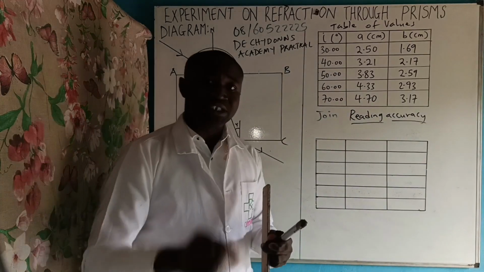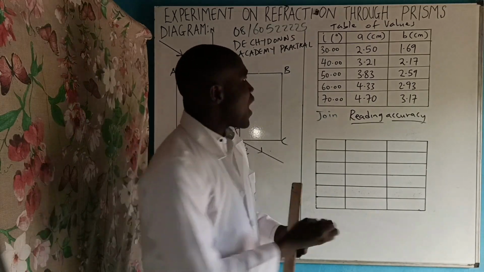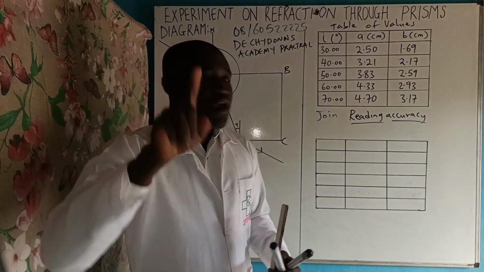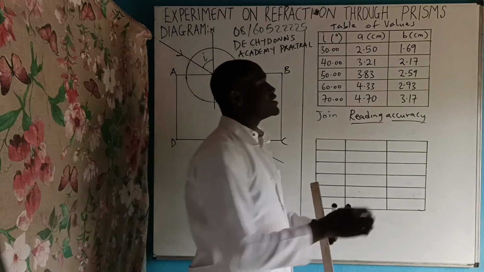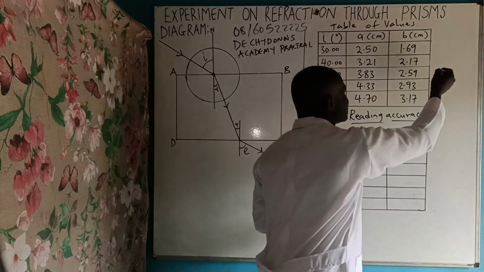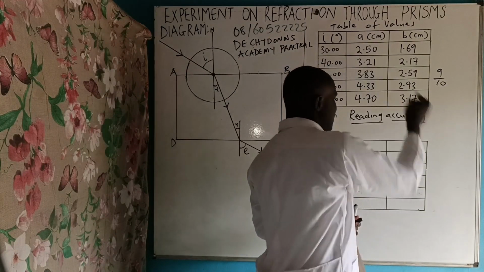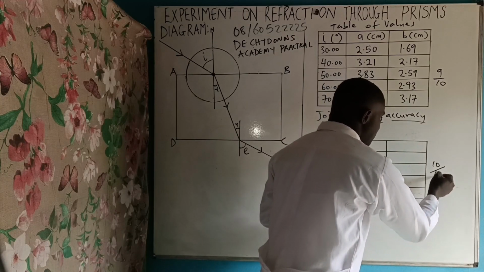If a student submits this as a table of values, it is not bad. But if that student is to get 9 over 10 here, the one we will do here will be 10 over 10.